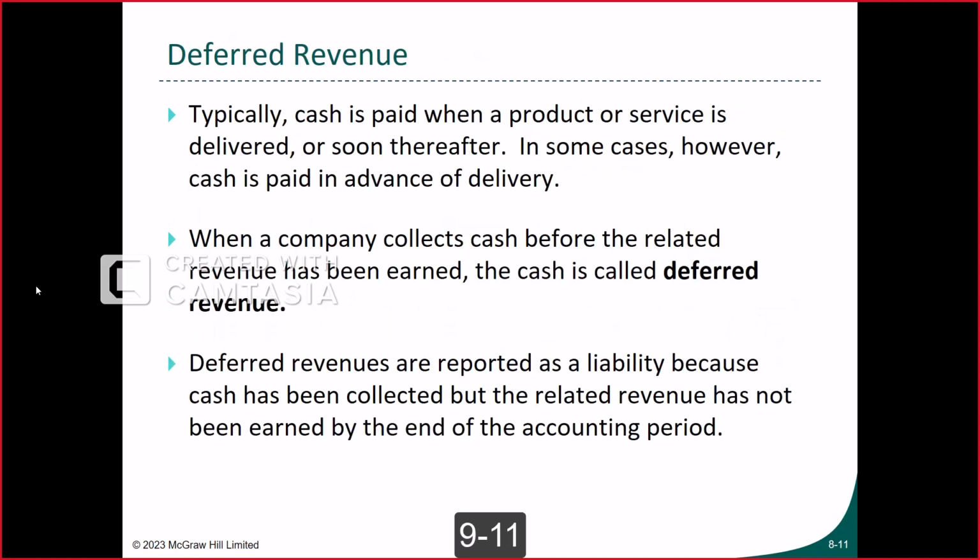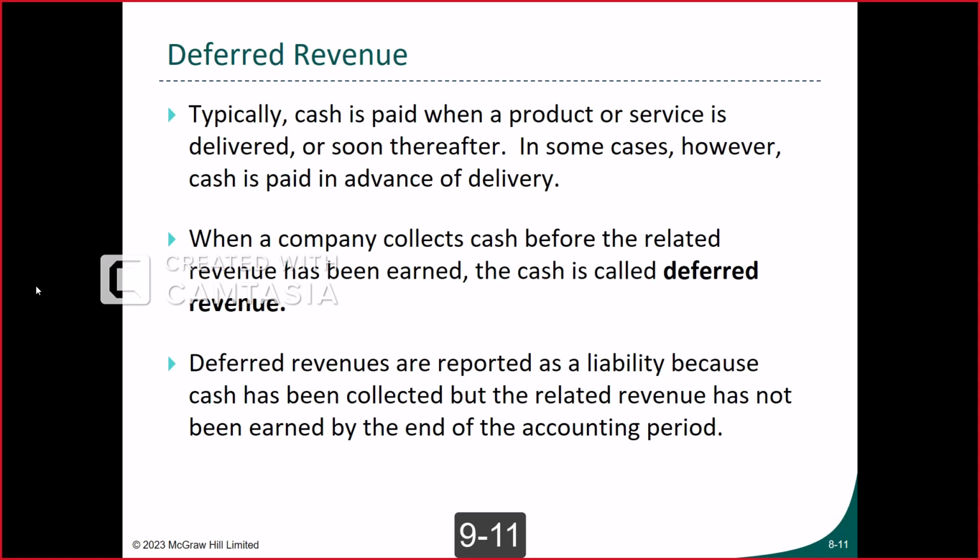Example of accruals. Unearned revenues or deferred revenues is also another kind of liability, which is not subject to an estimate. You receive, for example, a deposit from your customer. That is an unearned revenue that should be recognized as a deferred revenue as per the revenue recognition principle, where the revenue is not recognized during the period where cash has been collected.